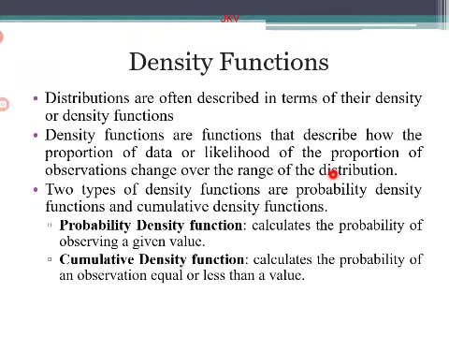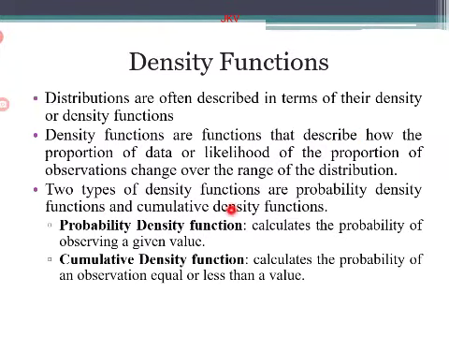For example, we can say that from age group 5 to 10, 20% are there. From age group 10 to 15, 14% are there. From age group 15 to 20, there are around 25%. That is how the changing proportion of data can be termed as density.